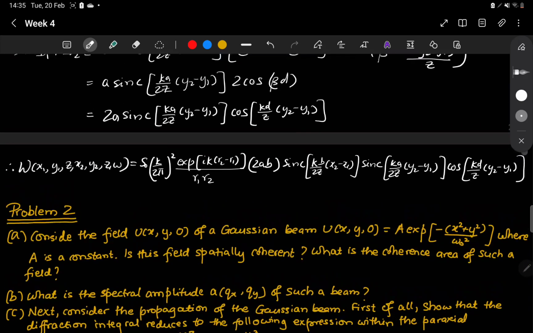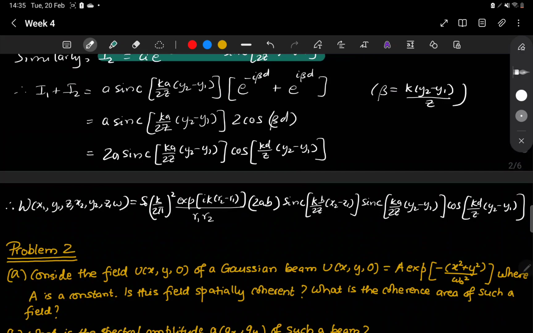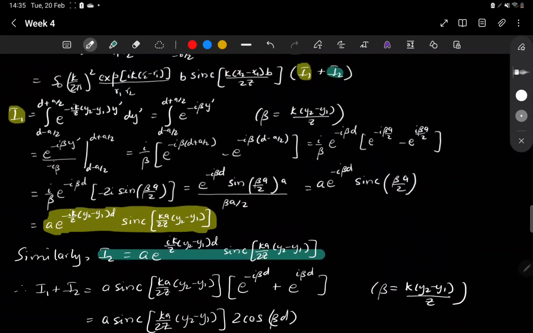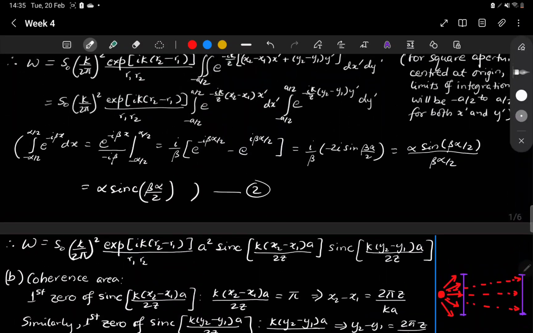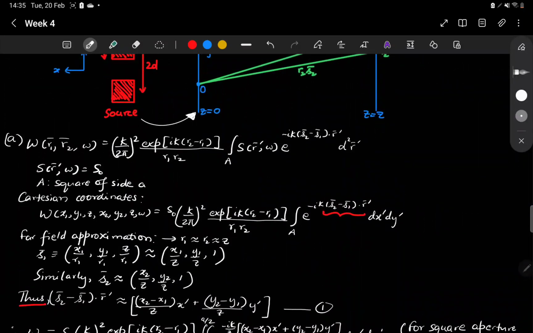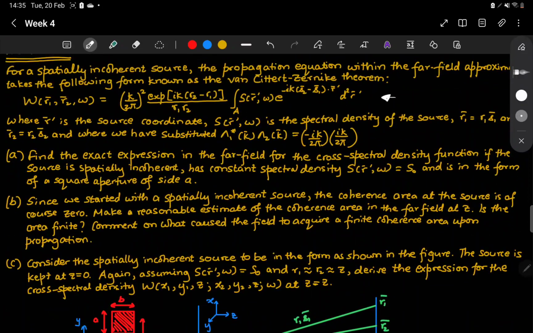So that's the final expression for the cross spectral density function. Take a few minutes to go through what we have done in problem 1 before we finally move ahead to problem 2.